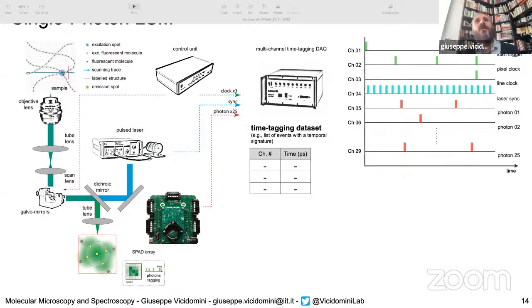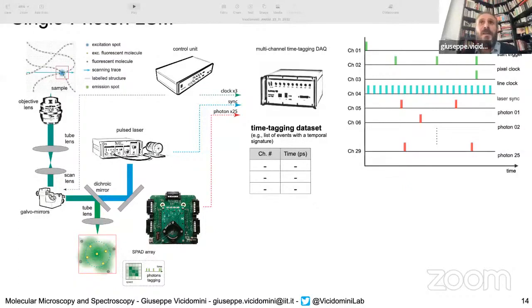So what we need is what is called a time tagging data acquisition system, a system that records with a precision of a few picoseconds, because remember that the precision of the detector is 100 picoseconds, for the photons coming from your SPAD array.